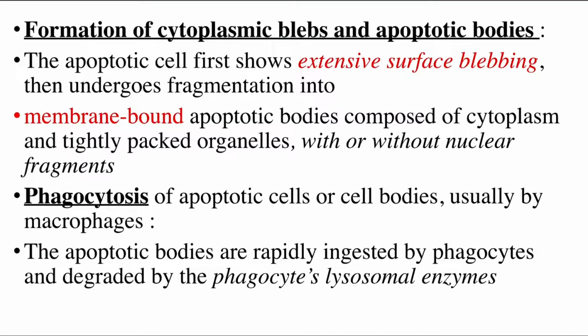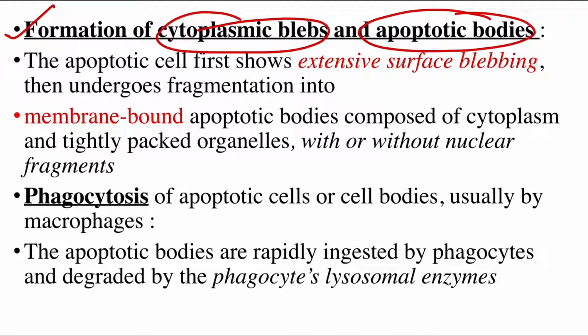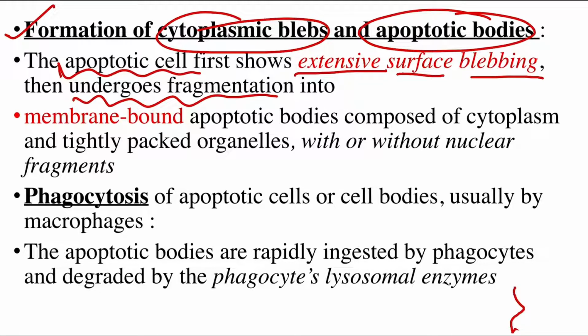Other features are formation of cytoplasmic blebs and apoptotic bodies. So the apoptotic cell first shows extensive surface blebbing, then it undergoes fragmentation. So what happens is, if this is the cell, then these blebs are formed from the surface, and then they leave the cell, and apoptotic bodies are formed.